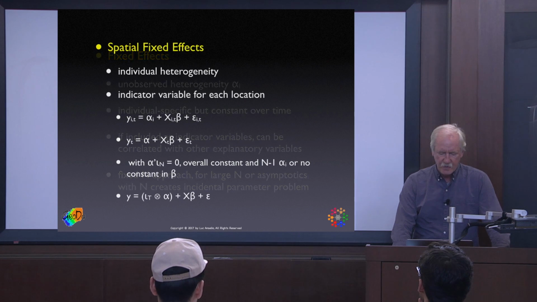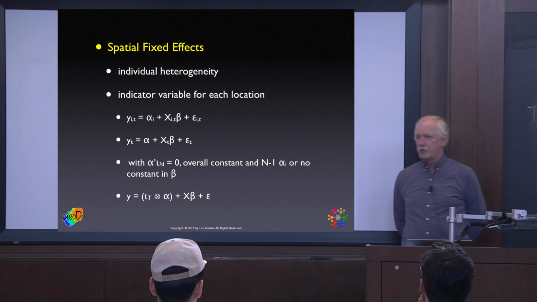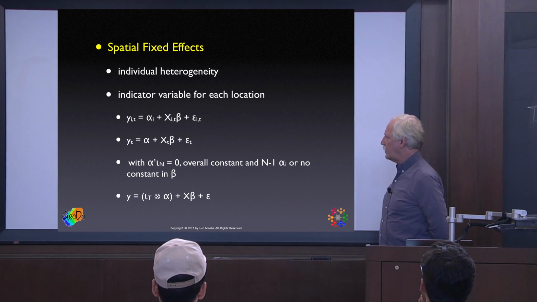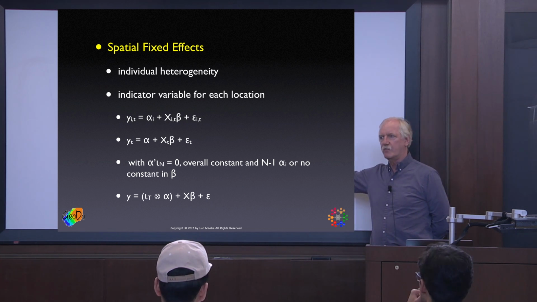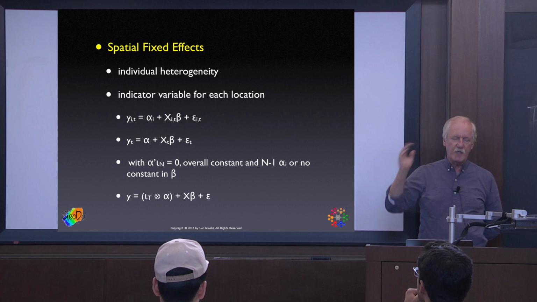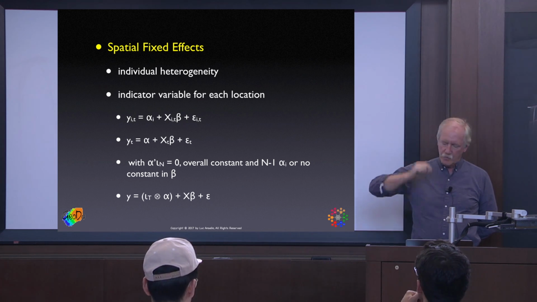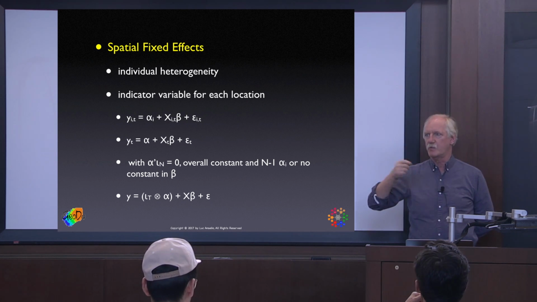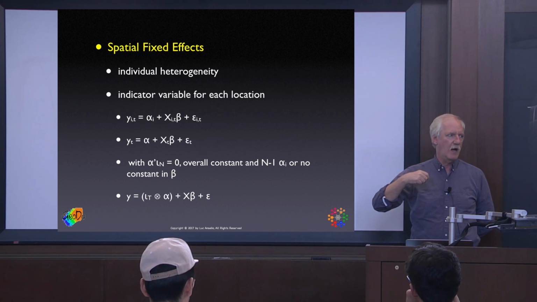So the idea is that in the model, we capture the individual heterogeneity by adding an additional intercept. And so here we have to be careful, and there are really two ways of dealing with this. One is to keep your overall constant, and then force your intercepts to sum to 0 or something arbitrary like that, so that you really take 1 degree of freedom out of it.